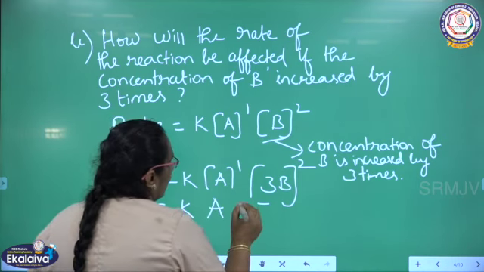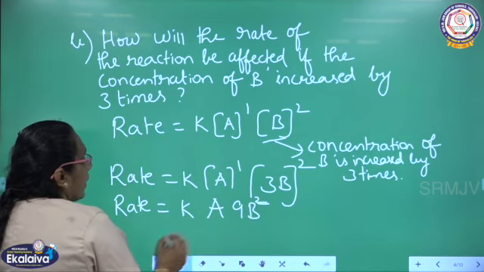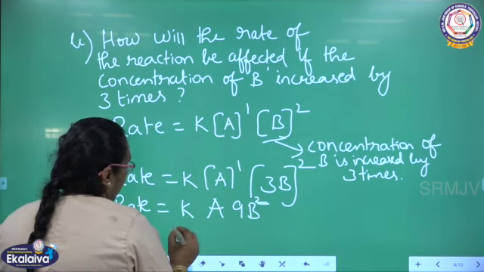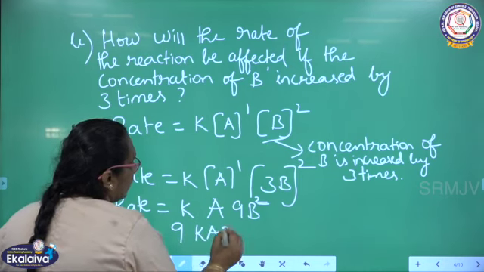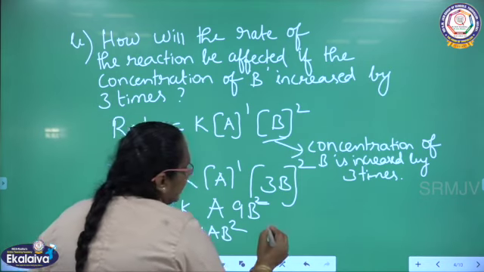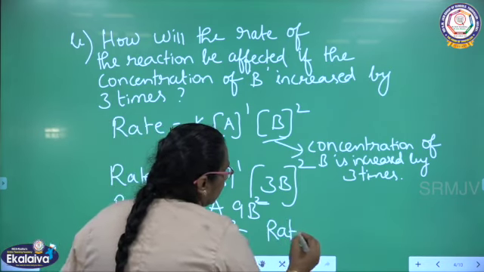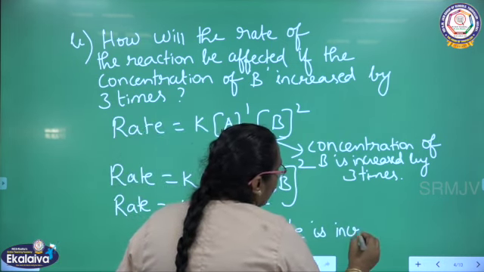So K[A] into 9B square. You bring that 9 here, 9 K[A][B] square. So the rate is increased by 9 times.